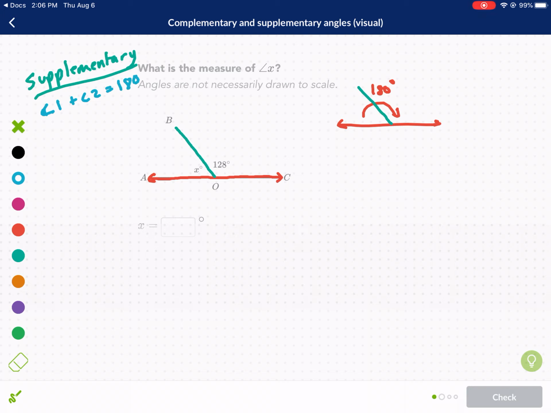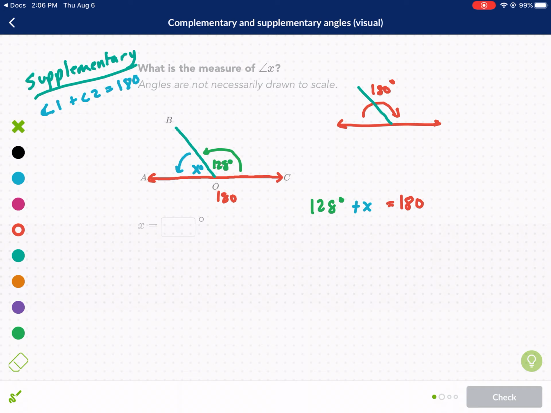So let's identify our variable. We have x here, and then we have 128. I'll put that in green. And we know that 128 plus this unknown value x needs to equal our known value of 180. So we're ready to set up our relationship. 128 degrees plus this missing angle equals 180.